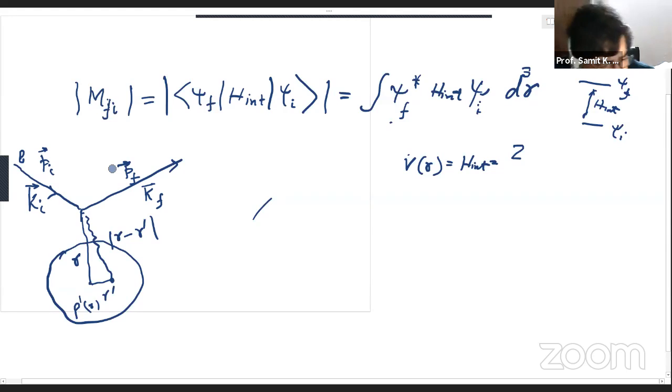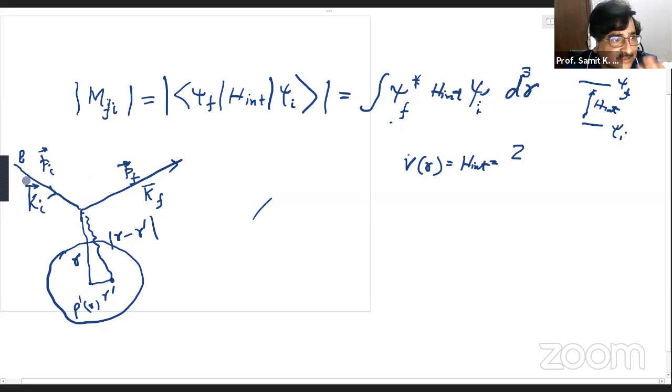Then, if I consider a plane wave, for the very simple case, the wave function of the electron is associated with some type of plane wave.